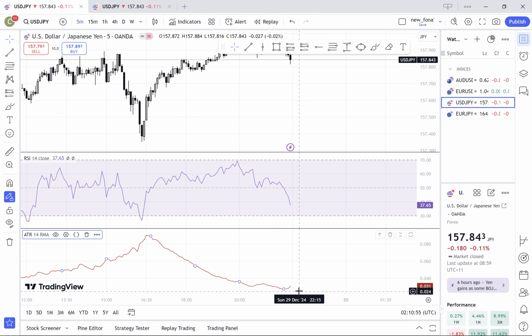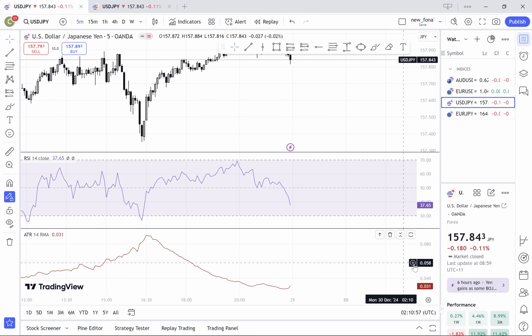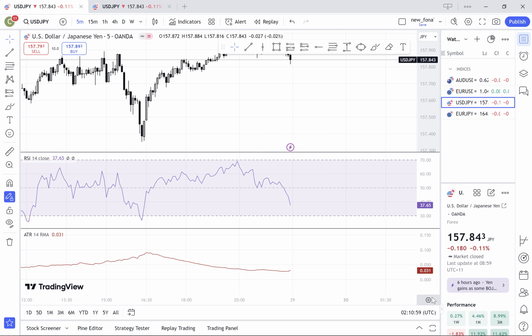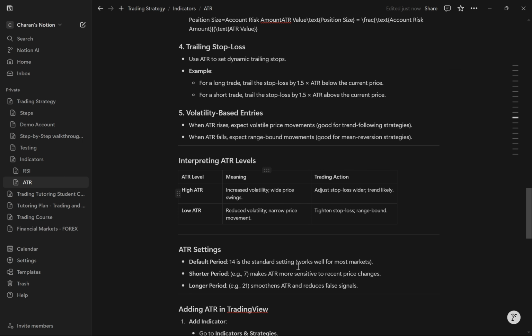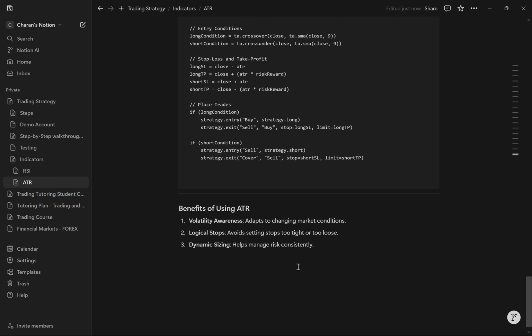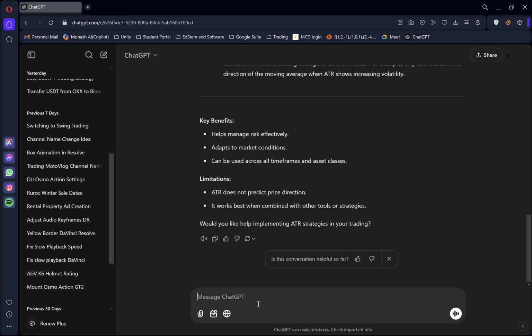Okay, so as you can see, the ATR is currently... how to use ATR in trading. You use it to set stop loss.